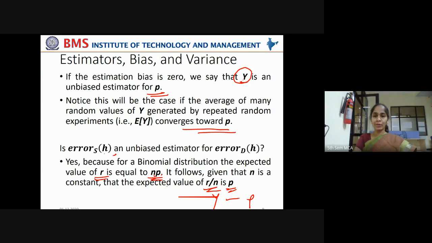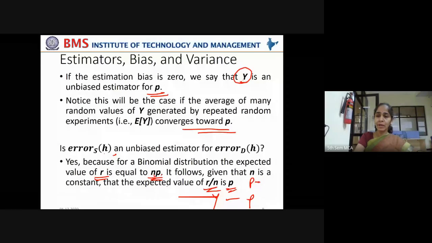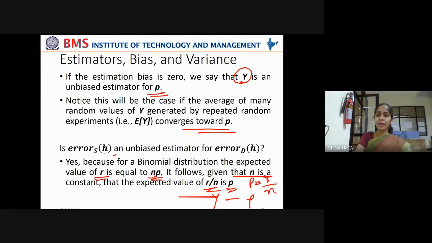Now, when you have made n constant and taken r as the value that y can assume, you can equate the probability of the event you are interested in to r by n. r is the event you are interested in out of the total number of data points.